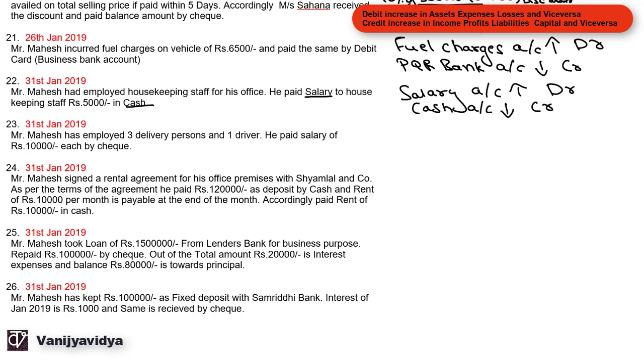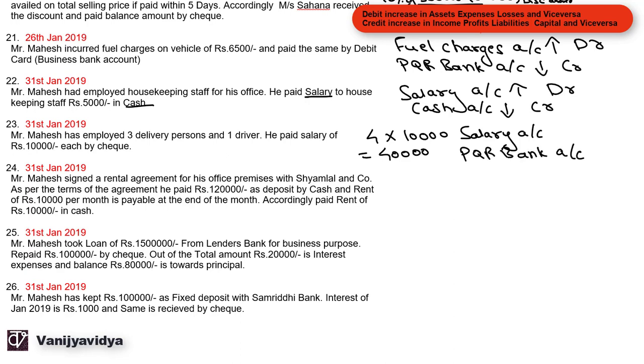So total salary is 4 people into 10,000. That comes to 40,000. Now what are the accounts that are affected here? One is salary account, and since the amount is paid by check, the next account is PQR bank account.